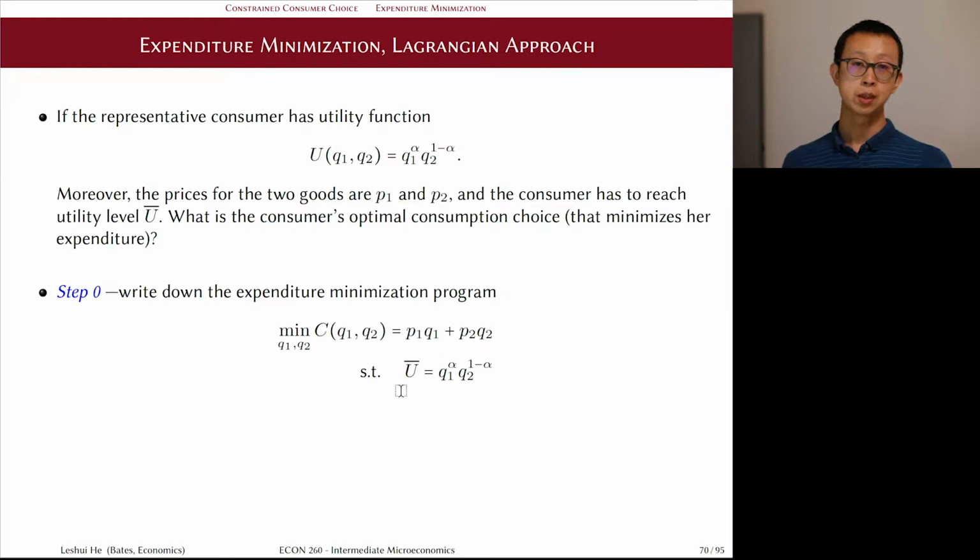In particular, as we have argued in the previous video, in order to save expenditure, the consumers won't choose a bundle that offers any extra utility above U bar at the optimum. Therefore, the constraint can be treated as an equality. And now we have an optimization problem with a single equality constraint. And we can just use a Lagrangian to solve it.